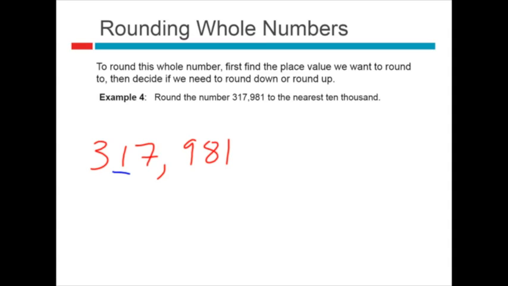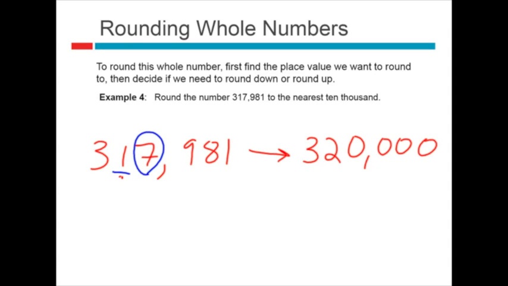Now we're going to look to the right of that digit, and we'll see that it's a 7. So, since 7 is between 5 and 9, that means we're going to round up here. And we round up by increasing the value of our round-off digit by 1, turning the 1 into a 2, and then changing all the digits after it to zeros.